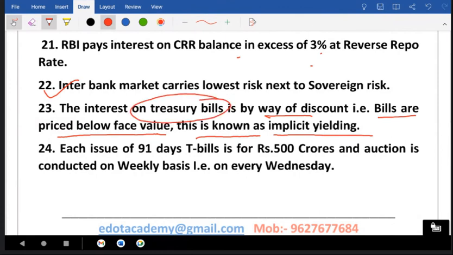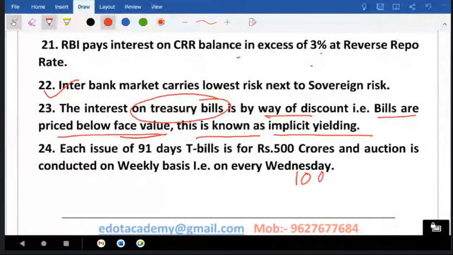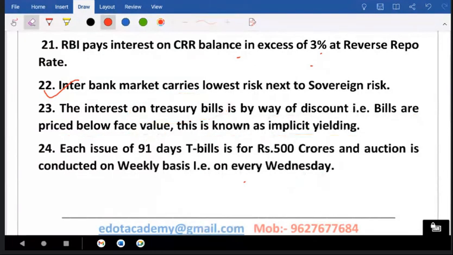If the face value is 100 rupees, the government will be issuing it at, say, 95 rupees or 90 rupees. So they issue below the face value, and this is known as implicit yield, so that 100% confirmed yield is there, because it will be redeemed after that at 100 rupees only. So those who purchase it will get the profit.